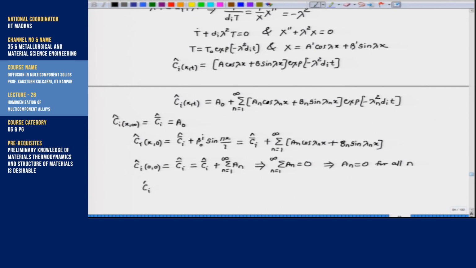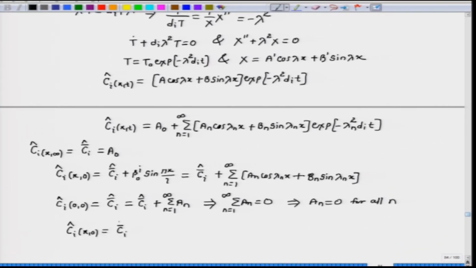So, we can write C_i cap at x, 0 should be equal to C_i bar cap plus sigma n equal to 1 to infinity B n sin lambda n x.